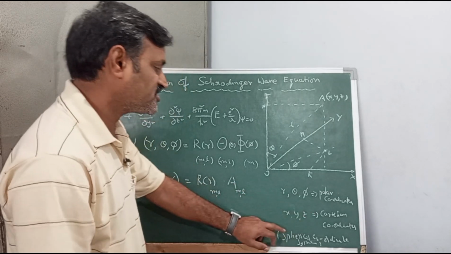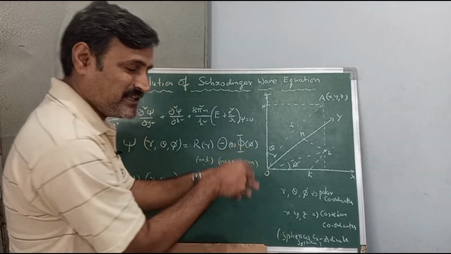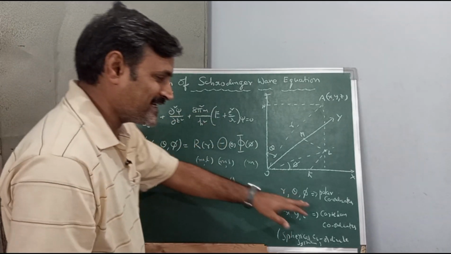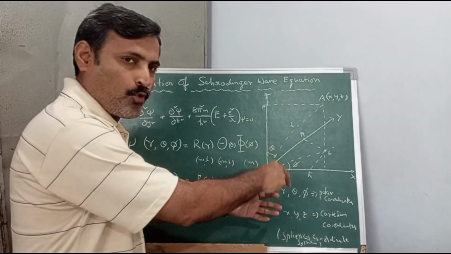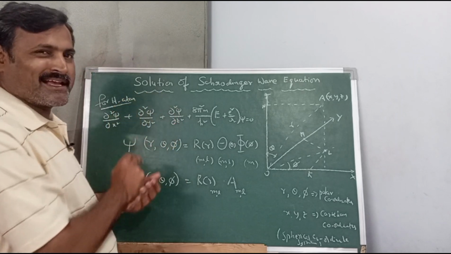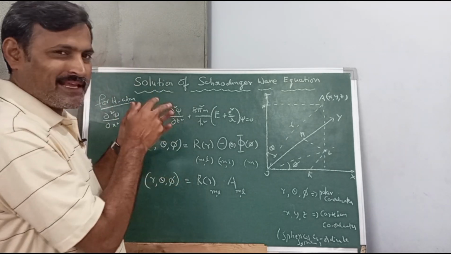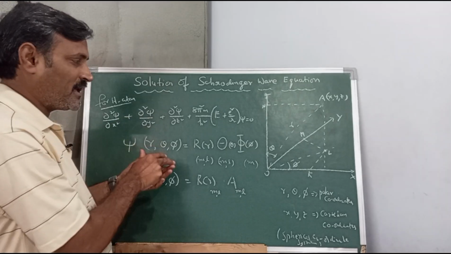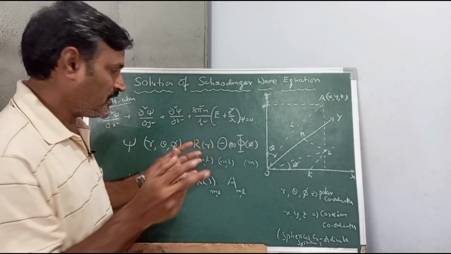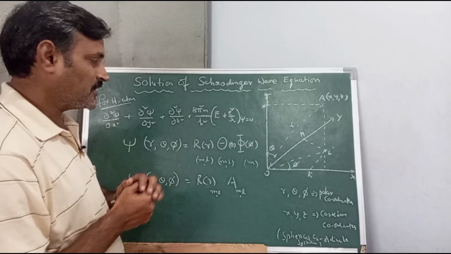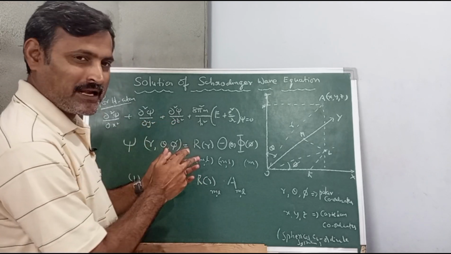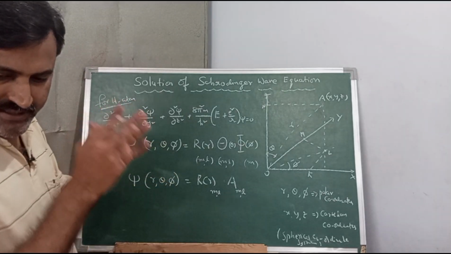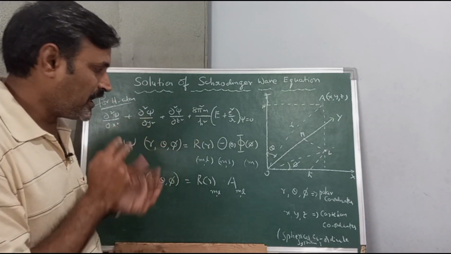If we replace the xyz Cartesian coordinates using polar coordinates in the Schrodinger wave equation, we will get a wave function, a perfect wave function which gives two pieces of information: the angular part of the wave function as well as the radial part of the wave function.